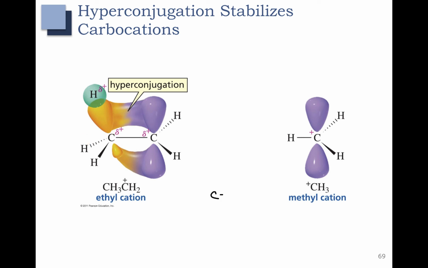Let's draw out this example here. And so in this example, you can see the electrons from the nearby carbon-hydrogen bond donating in and stabilizing the positive charge. And that's what this picture over here is trying to show you.